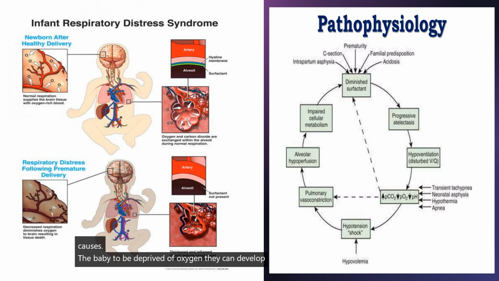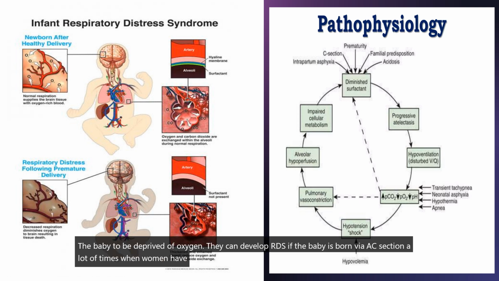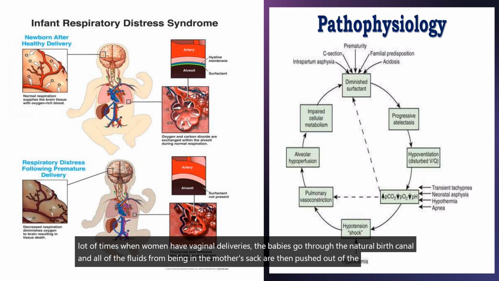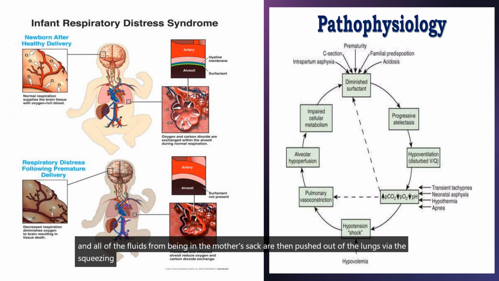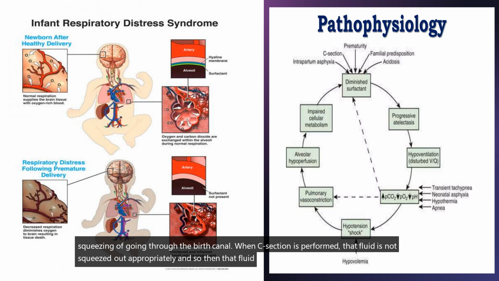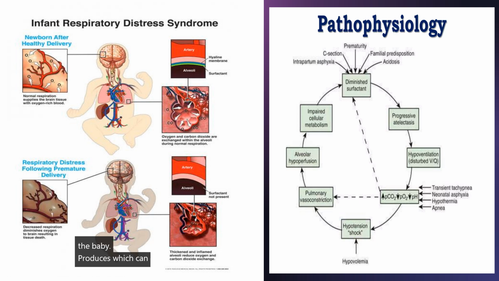If the baby is born via a C-section, a lot of times when women have vaginal deliveries, the babies go through the natural birth canal, and all of the fluids from being in the mother's sac are pushed out of the lungs via the squeezing of going through the birth canal. When a C-section is performed, that fluid is not squeezed out appropriately, and that fluid can then deactivate the natural surfactant that the baby produces, which can cause RDS.